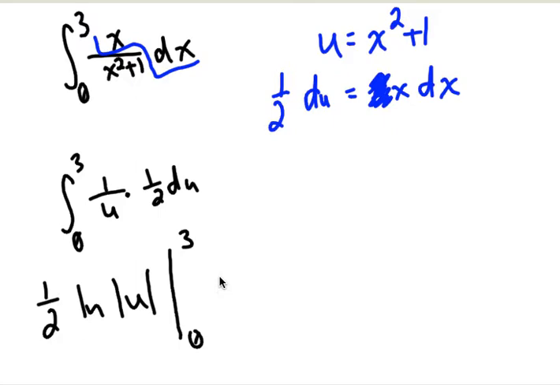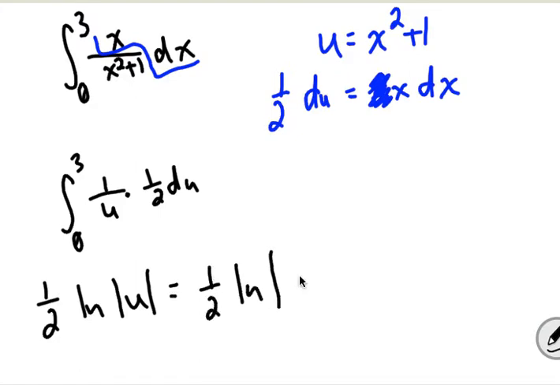Now, before I do that, I don't need a plus c, but before I do that, I need to replace my u with x squared plus 1, evaluated from 0 to 3.